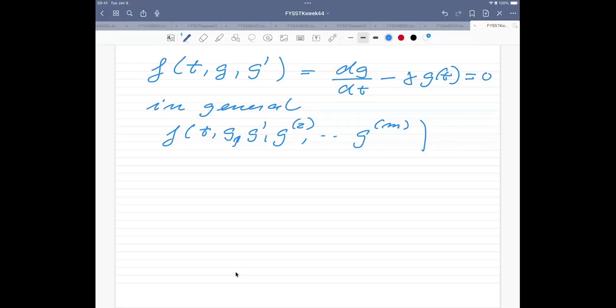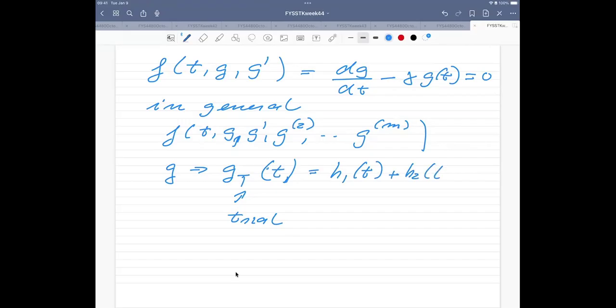Then what we are doing is to define a cost function where we now let this g go over to a g trial. So t for trial. I should, just a moment, let me change letters a little bit. Let me use an uppercase T here. And this depends then on time, and it's given by some function h1 of t plus a function h2 of t here.